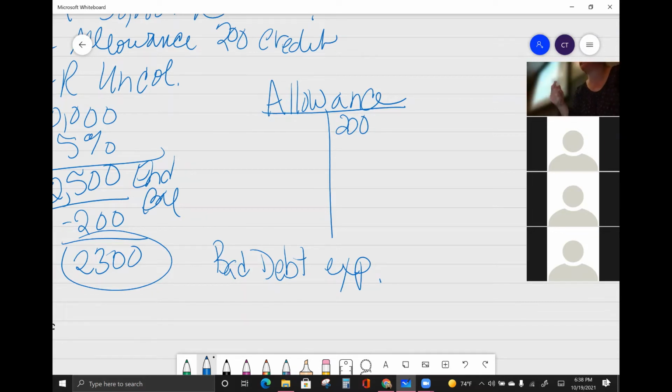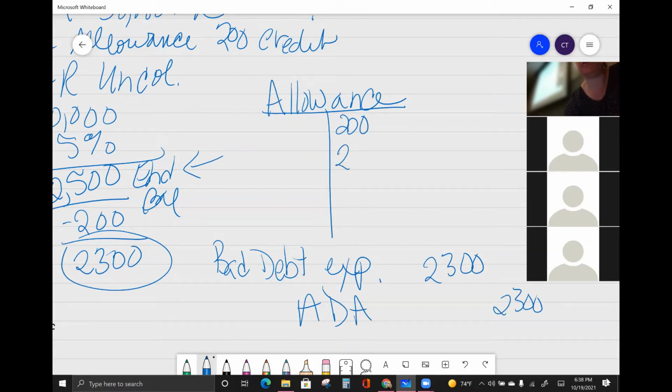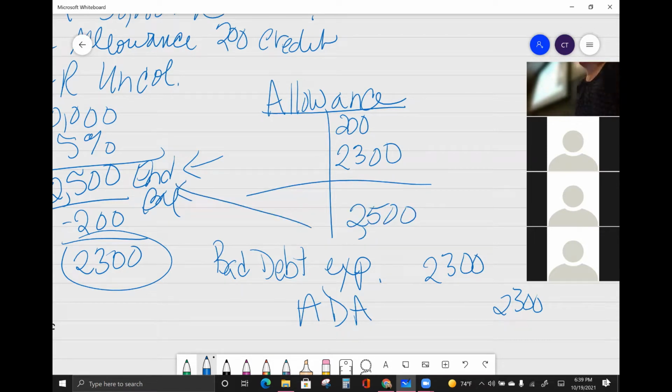You have to consider what's in the allowance account already, because this is what we want the ending balance to be. So we have bad debt expense for 2,300, and we have the allowance for doubtful accounts, 2,300. So here goes my entry, and my ending balance is 2,500, which is what I wanted.